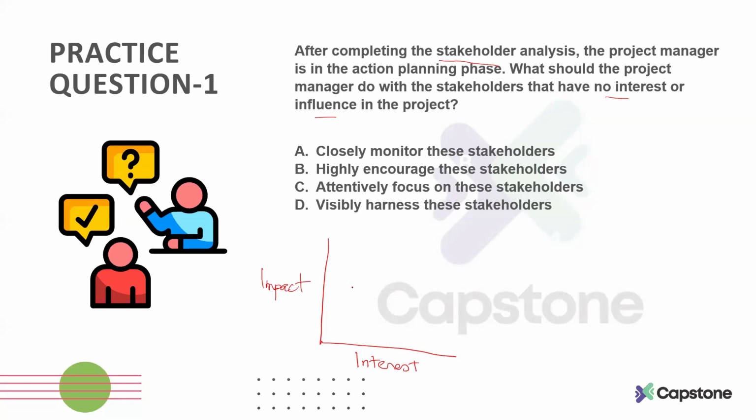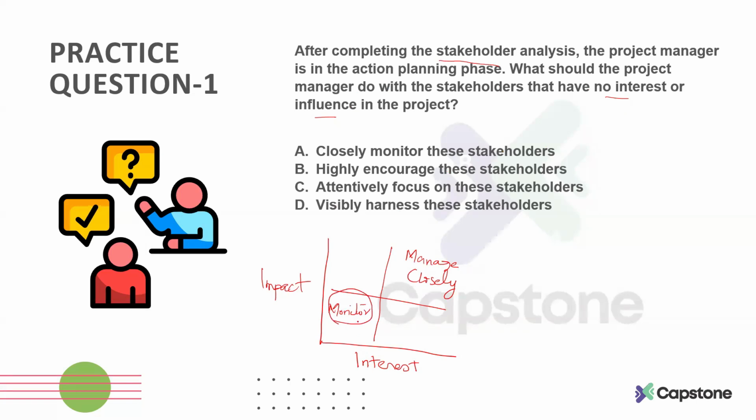If we divide the stakeholders into four quadrants like this, those who have high interest and high impact are the ones which we manage closely. And in this scenario, where the stakeholders have no interest or no influence in the project, these are the stakeholders that we need to monitor.